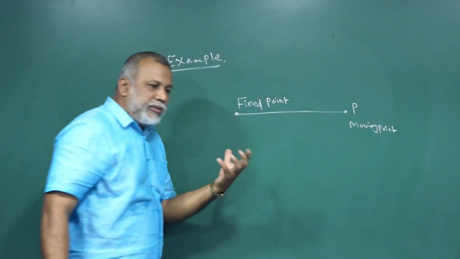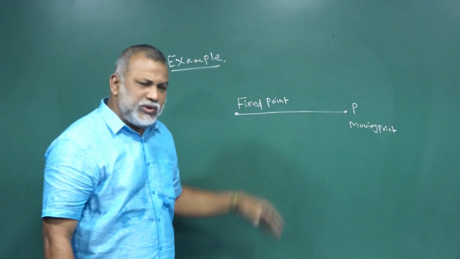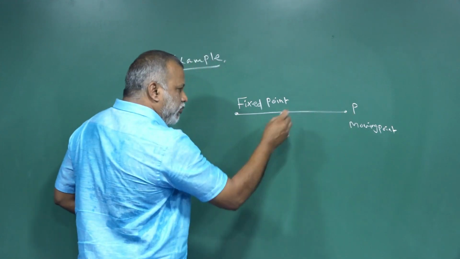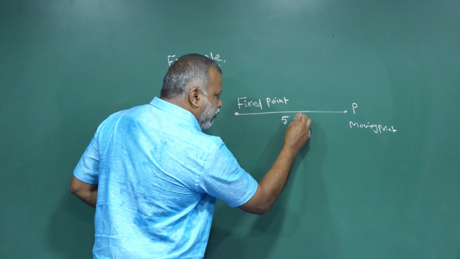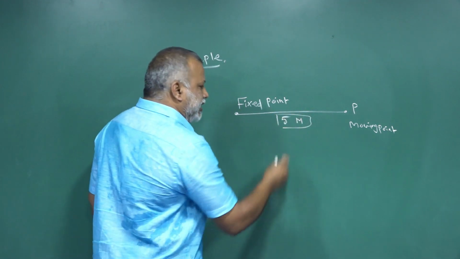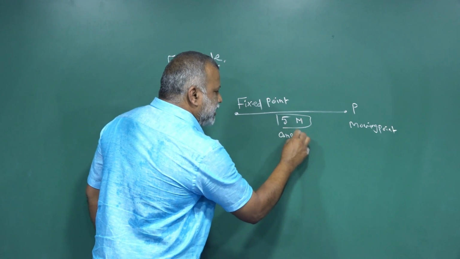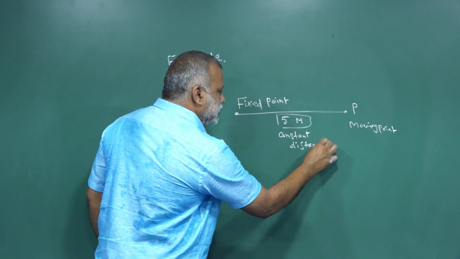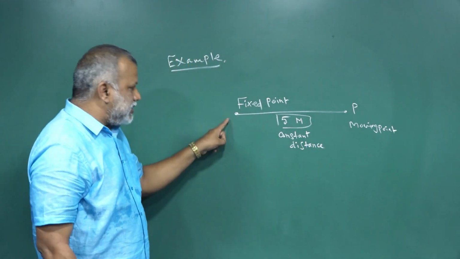Now I am going to give the explanation for the path. Now this point is moving. It is always 5 meters from this fixed point. Instead of 5 meters, we can say a constant distance. See, it is a fixed point.